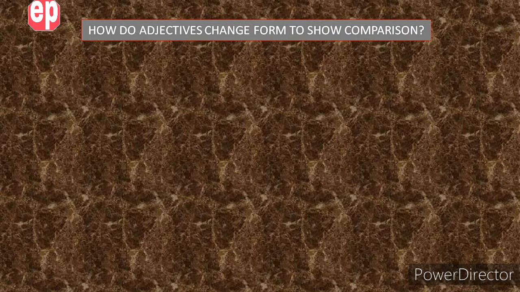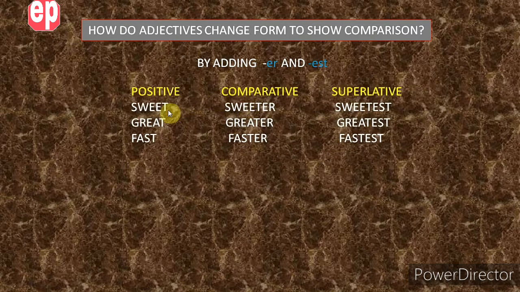Now let's try to understand how adjectives change form to show comparisons. Adjectives change form to show comparison by adding er and est. Let's see some examples. Sweet, sweeter, sweetest.